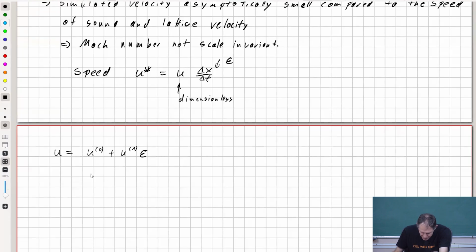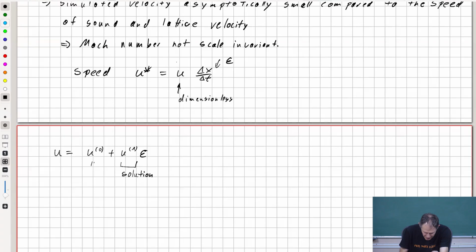So the solution that we have itself changes with epsilon. This means that this constant part does not change with epsilon.